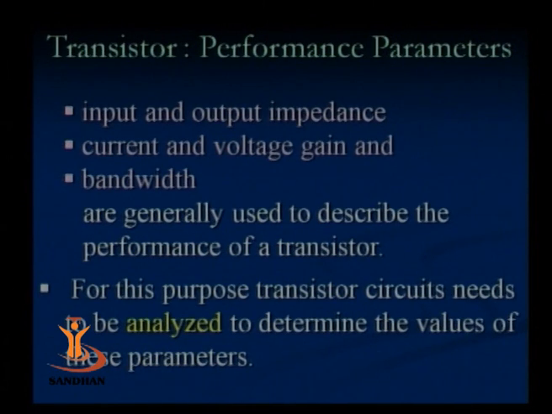Okay, so we need to find out the parameters. Now which are these parameters generally? The input and output impedance of the transistor by itself, its current gain and its voltage gain. These are the four main parameters. Once again I am repeating: input and output impedance, current gain and voltage gain. Apart from that, sometimes bandwidth is also important, particularly when a transistor is used in a circuit where communication or amplification purposes are to be carried out.